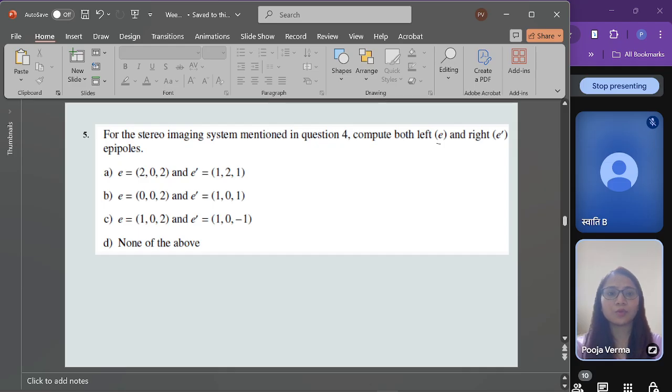Now we have to compute the left and right epipoles. So how can we compute them? Does anyone have any idea? Basically, what will be the equation to compute the left and right epipoles?